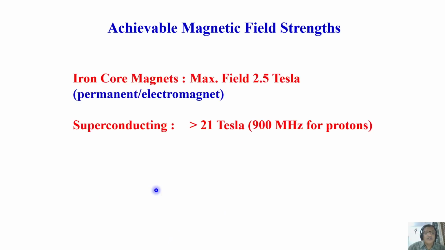So what is the maximum magnetic field that you can achieve in all these cases? Of course, if you have an iron core magnet, the maximum magnetic field that you can achieve is 2.5 Tesla. Remember, the unit of magnetic field, as I discussed earlier, 1 Tesla is 10,000 Gauss. So whether it's a permanent magnet or an electromagnet, the maximum achievable is 2.5 Tesla.